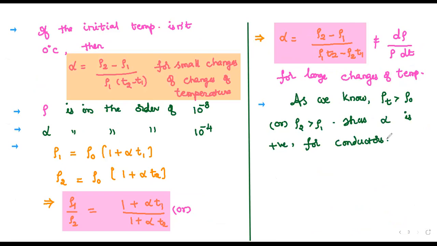For insulators, we won't talk about alpha. Why? Because they actually have very high resistance. That's why current is almost zero through the insulators. Their changes are negligible and alpha is almost zero, a very small alpha you will get for insulators. That's why we won't discuss alpha for insulators.